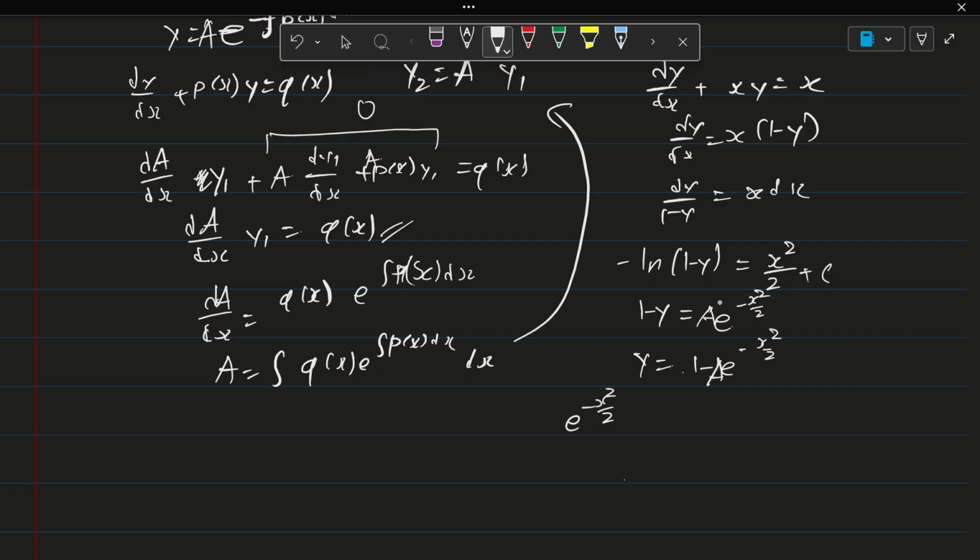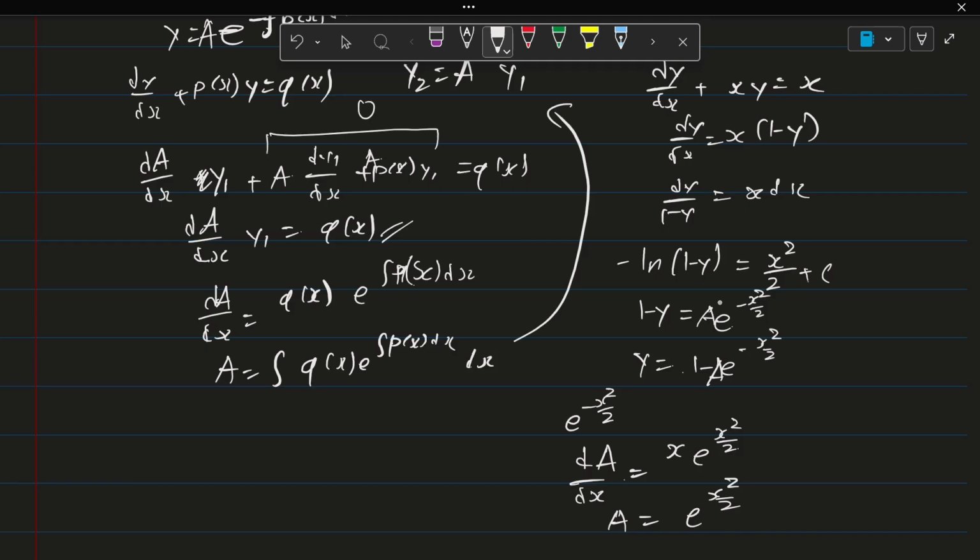So we just need to figure out what A is. Your dA over dx would be q(x), which is x, and then the solution that you got, e to the power of x squared over 2. It's the positive power because you're just doing the reciprocal, so it's divided by y1. And this thing is pretty much e to the power of x squared over 2, I think. Yeah. So your A is e to the power of x squared over 2.